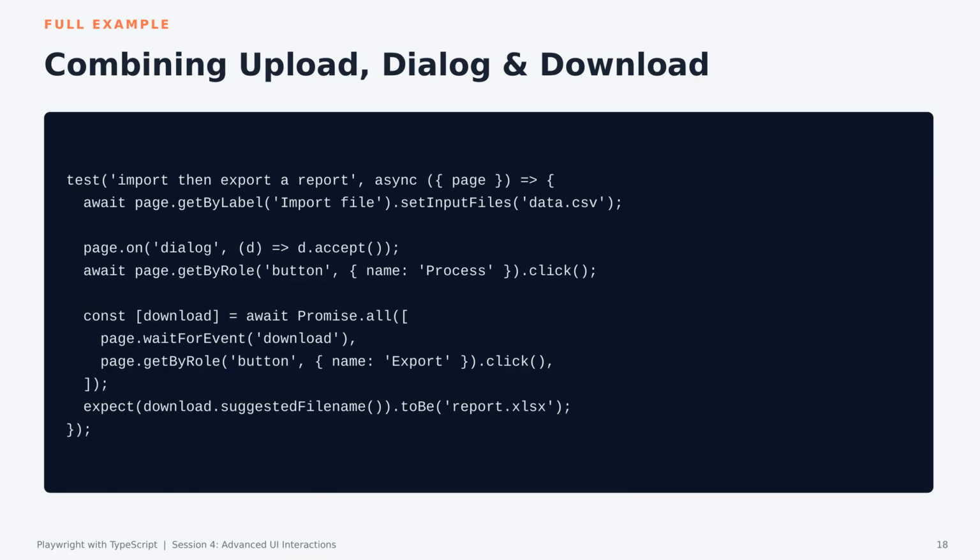And finally, we assert that the download's suggested file name is exactly report.xlsx. Notice, this one test touches upload, dialog handling, and download, and every single piece follows the exact patterns we covered today. Nothing new, just composition of what you already know.